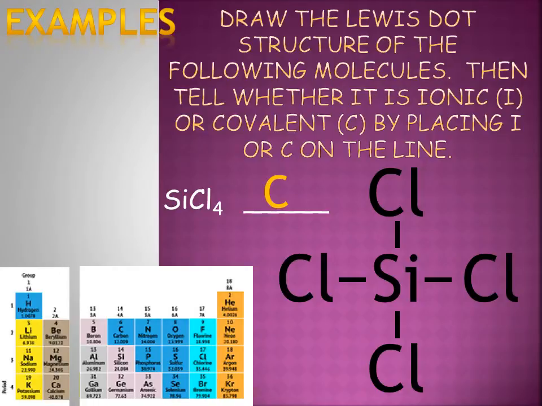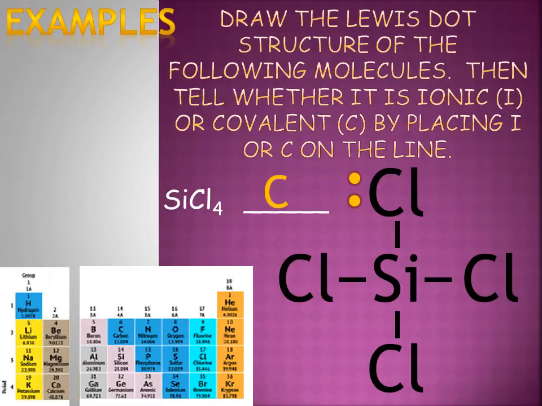So if we come over here and look, silicon is in group 4, so it should have 4 dots. Silicon has 1 dot here, 1 dot here, 1 dot here, and 1 dot here, so silicon's dots are all on the line. Now chlorine is in group 17, so that's 7 valence electrons. All the chlorines have 1 dot on the line, and they need 6 more dots.